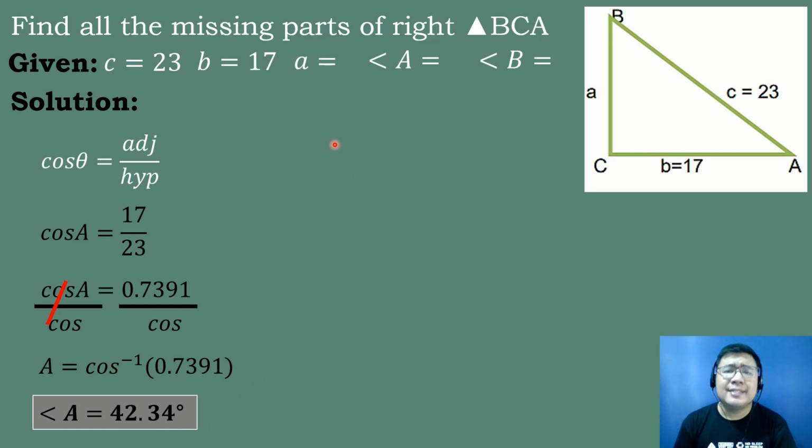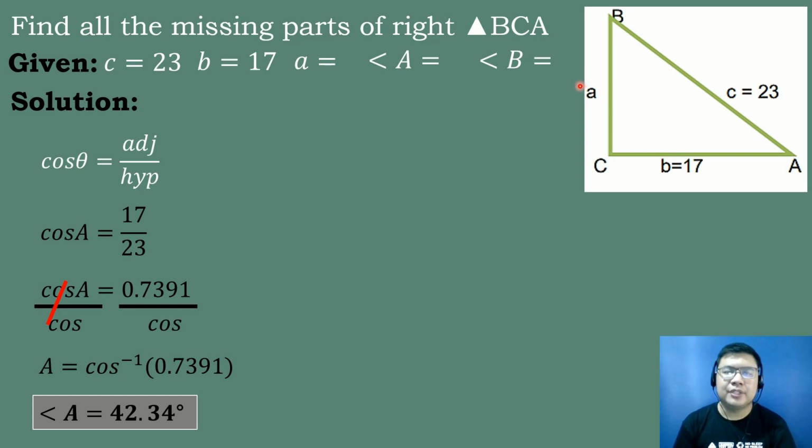Next, let's now solve for the measure of angle B. So since we have already the measure of angle A, which is equal to 42.34 degrees, and we all know that the measure of angle C is equal to 90 degrees, we can solve this using angle A plus angle B plus angle C is equal to 180 degrees.